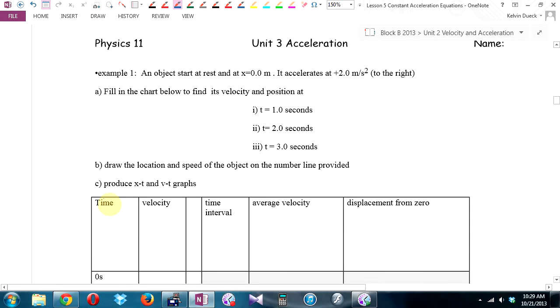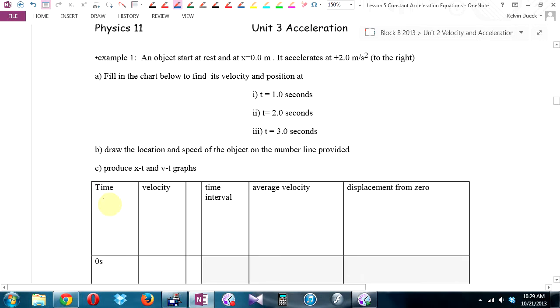Example 1 says, oh yeah, turn the page. An object starts at rest and at position 0.0 meters. It accelerates at 2 meters per second squared to the right, positive 2 meters per second squared. It says, fill in the chart below to find its velocity and its position.